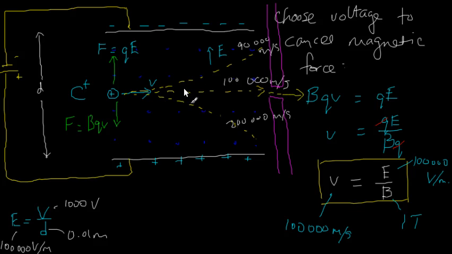So all those that have either gone up or bent downwards will be blocked. Only the part that goes straight will come out. In this way, I would be able to select the velocity that I want. And there's a name for this setup. It is called a velocity selector.